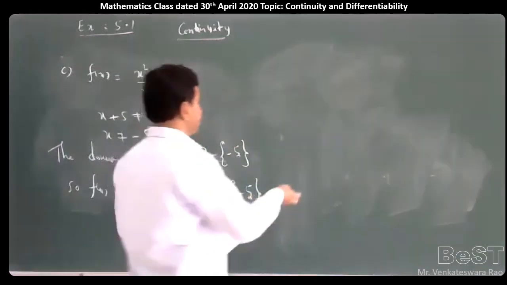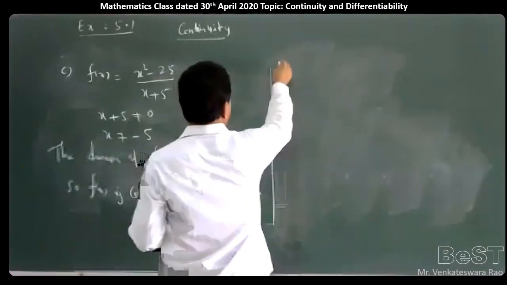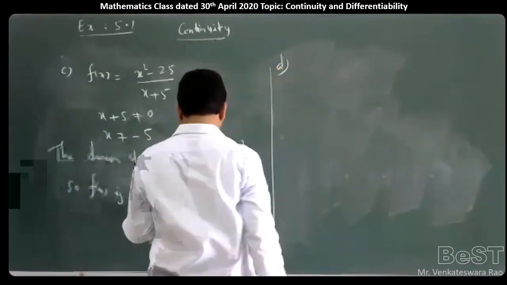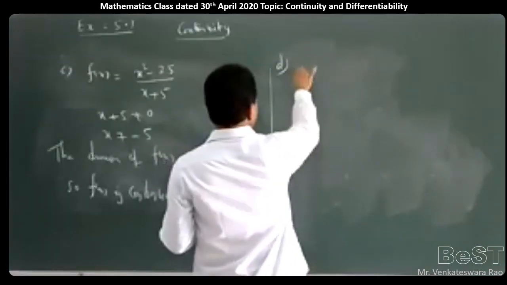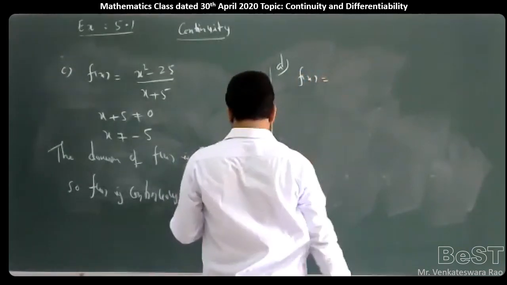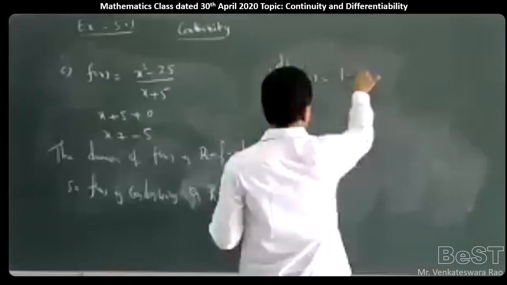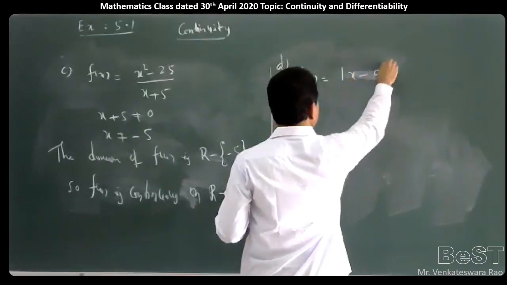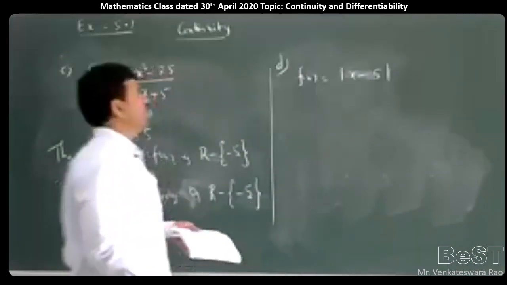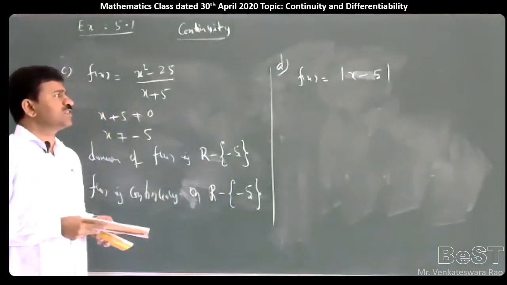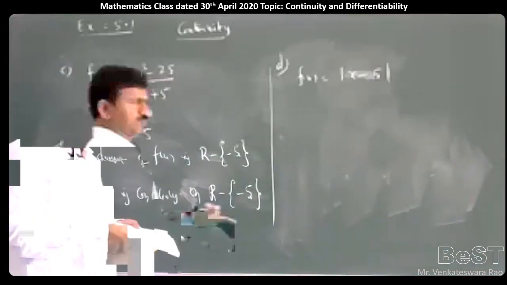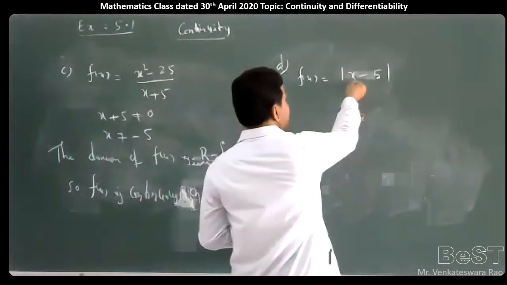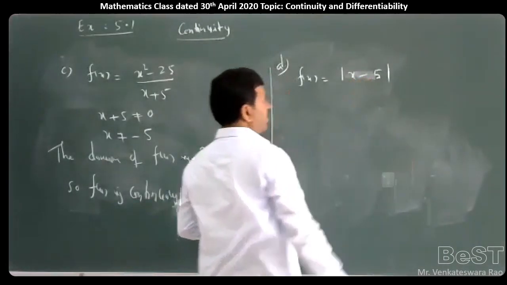Now on D, the fourth part. f of x is equal to mod of x minus 5. Mod function. What is the domain of the mod function? R. For any x belonging to R, it is defined.